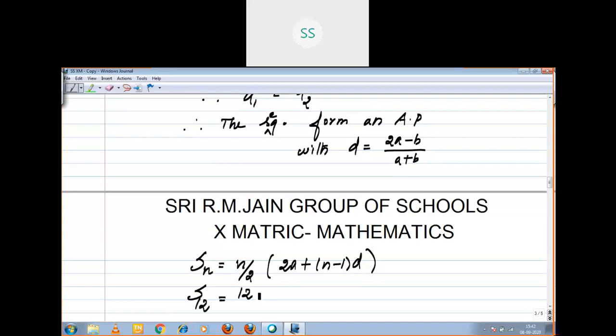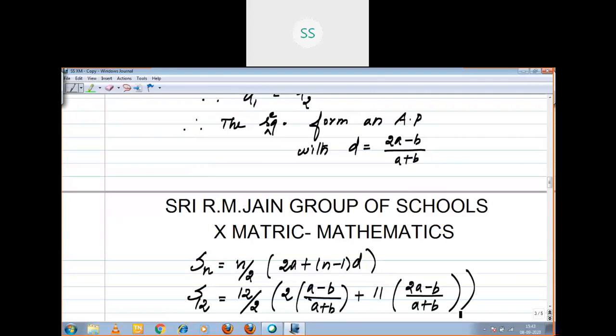S12 equal to 12 by 2 into what is your first term? a minus b by a plus b plus 12 minus 1, that is 11, 2a minus b by a plus b.